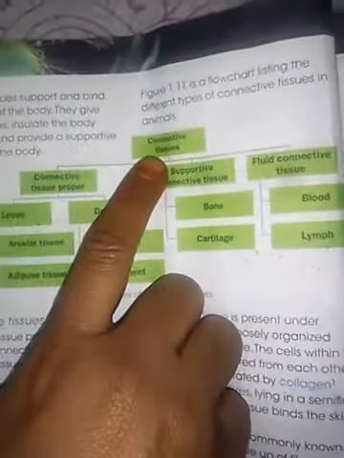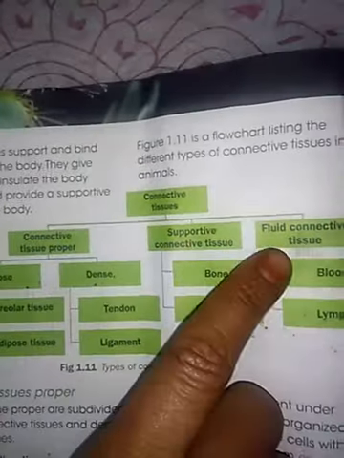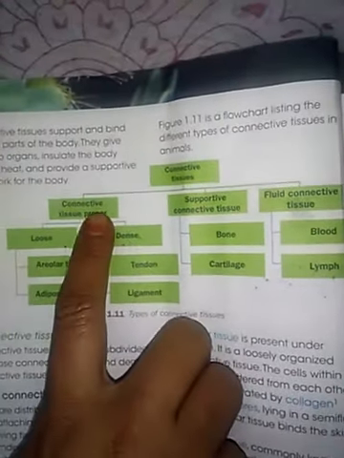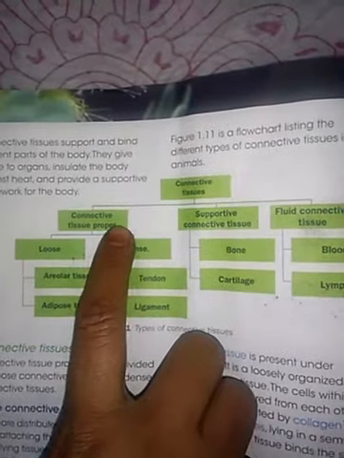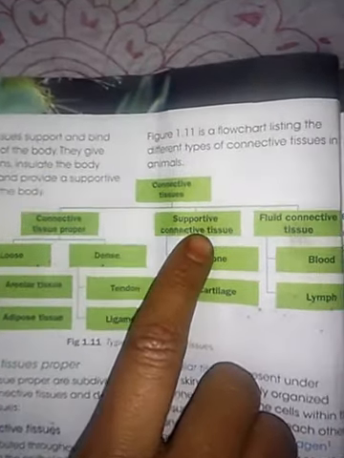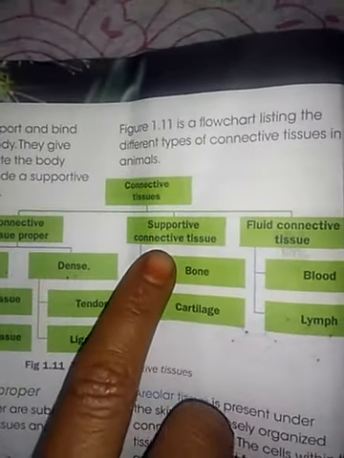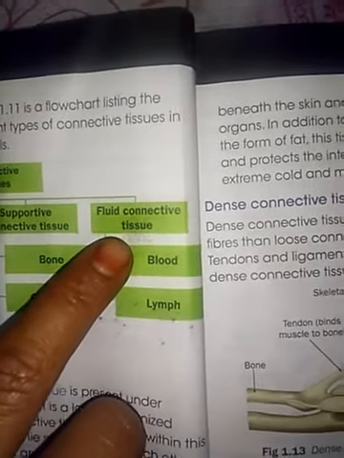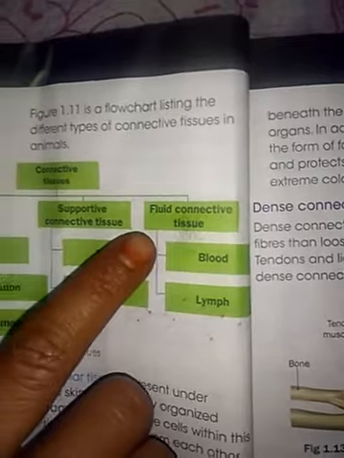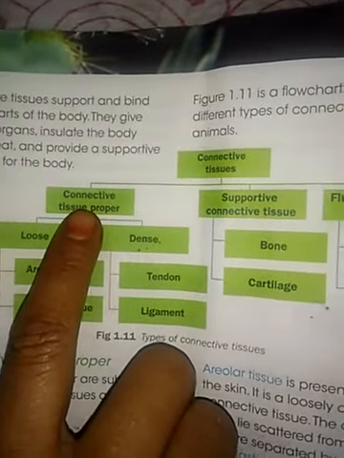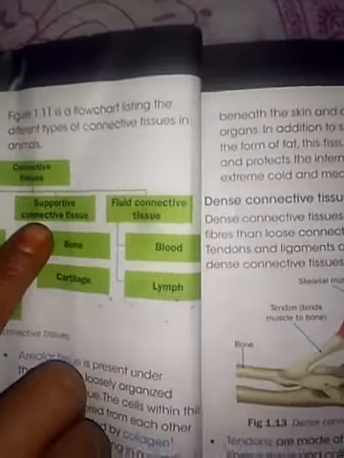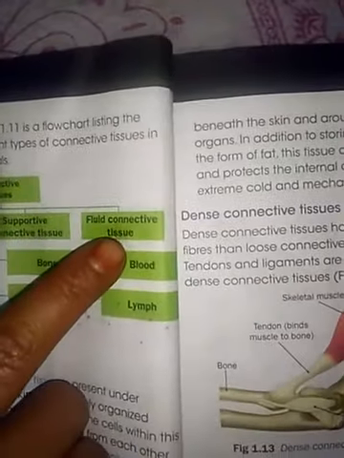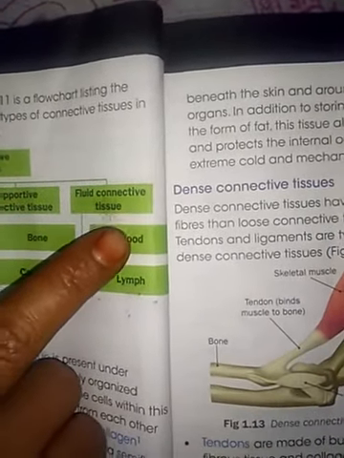Now let's see about types of connective tissue. Connective tissues are of three types. First one is called connective tissue proper. Second one, supportive connective tissue. Third one, fluid connective tissue. What are the three types of connective tissue? Connective tissue proper, supportive connective tissue and fluid connective tissue.